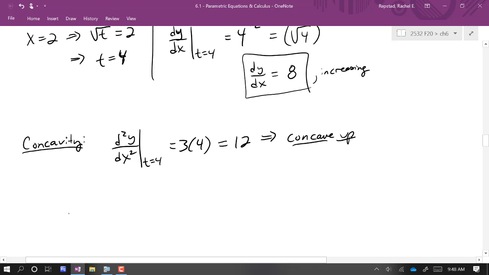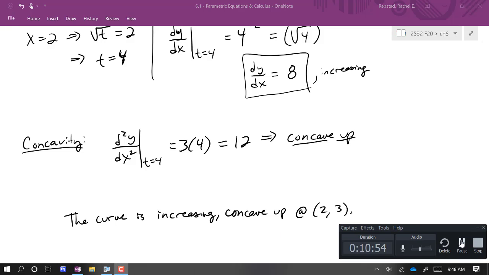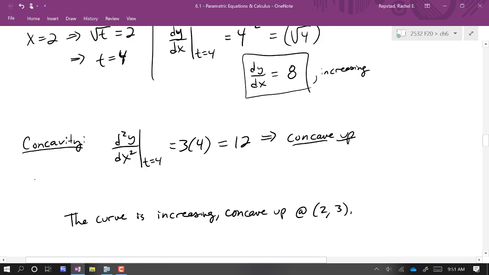So our general observation about the curve at the point (2, 3) is that the curve is increasing, concave up. So we've just made an observation, based on our calculations, about what the graph of this curve will look like at the point (2, 3).